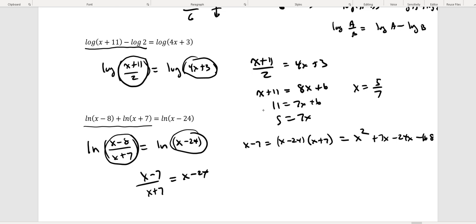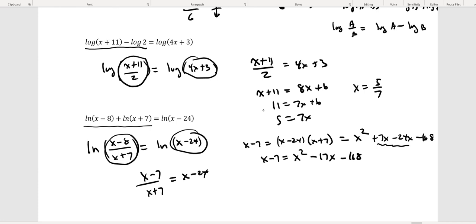So now we have x minus 7 equals, let's see, x squared, 7x minus 24x. That minus 17x? Minus 168. I think that's right.